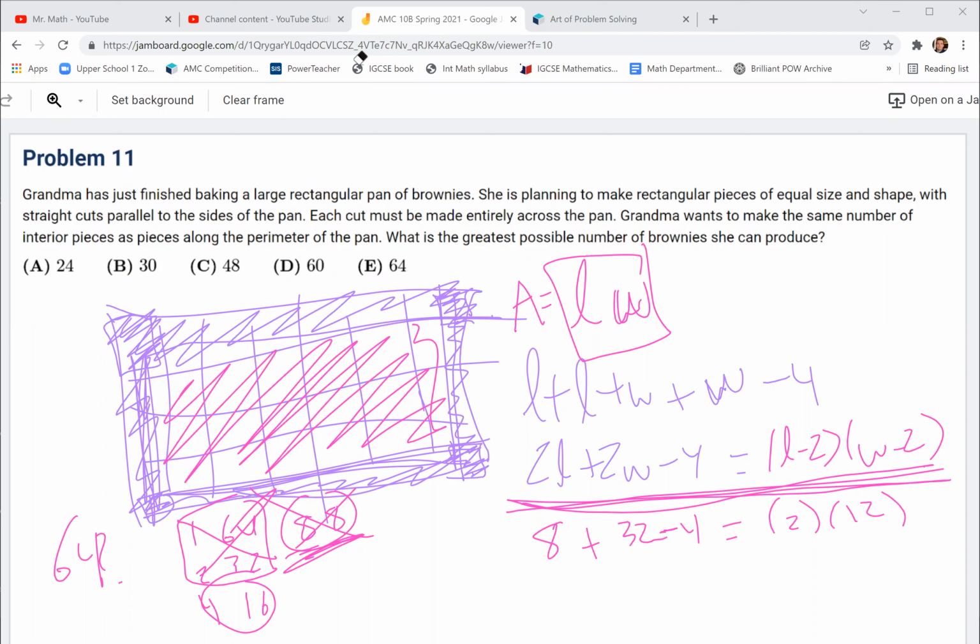In this case we would get 36 equals 24. No, so clearly that doesn't work.